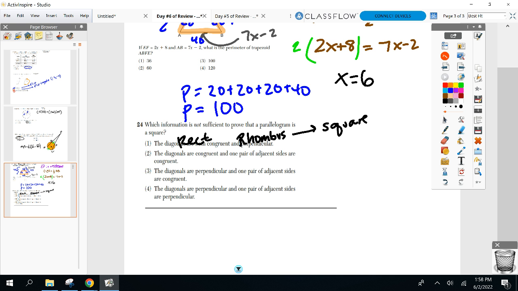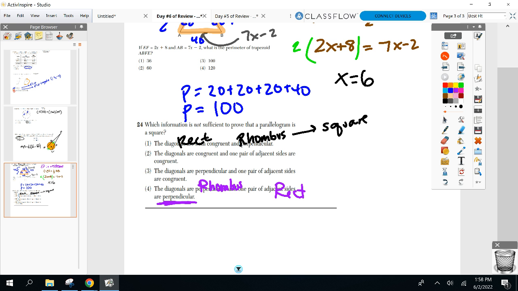4. Okay, diagonals are perpendicular. That is a rhombus: diagonals are perpendicular in a rhombus. A pair of adjacent sides are perpendicular. What do perpendicular lines form? So this figure has right angles, which means it's a rectangle, right? All right, so I got both there.